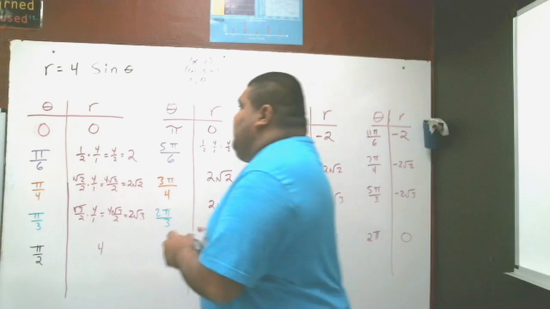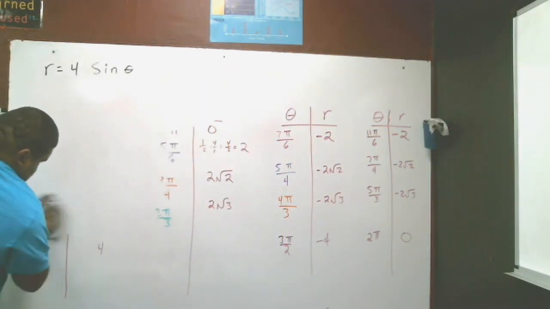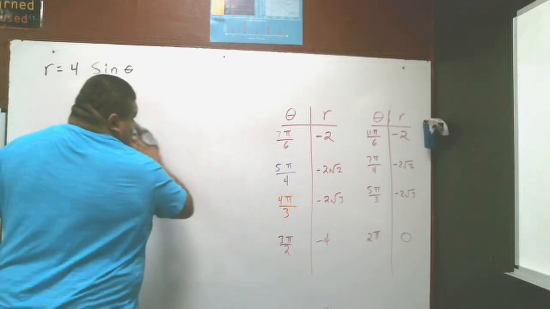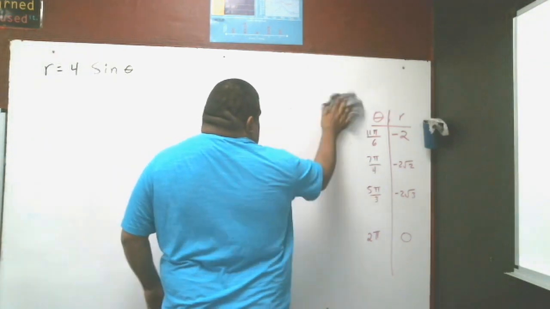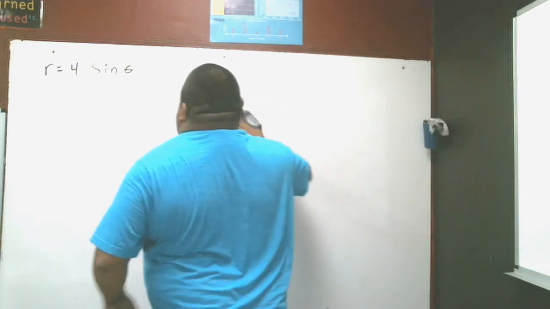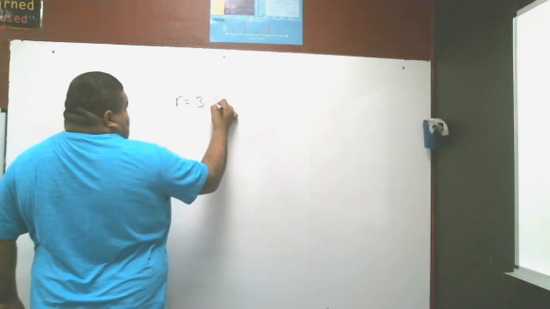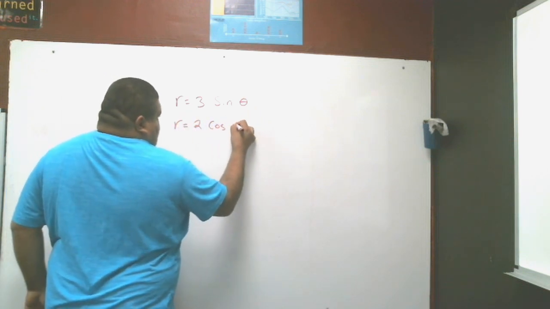All right, guys, so here's your assignment for today. Your first one is r equals 3 sine of theta, and the second is r equals 2 cosine of theta, okay?